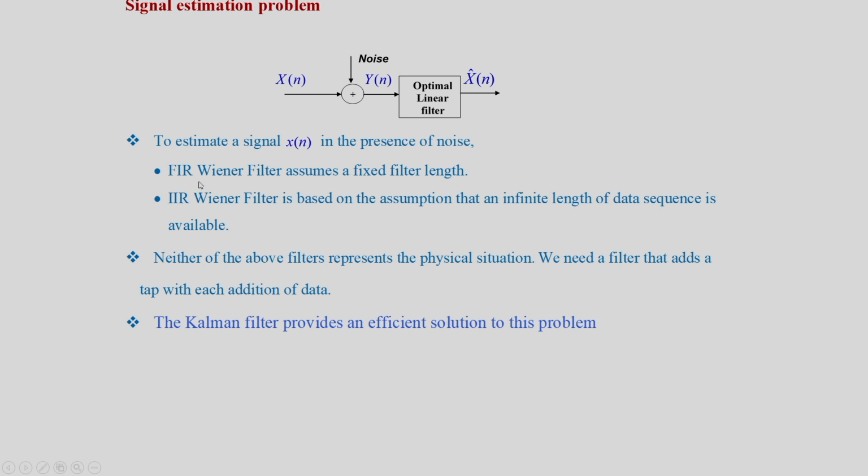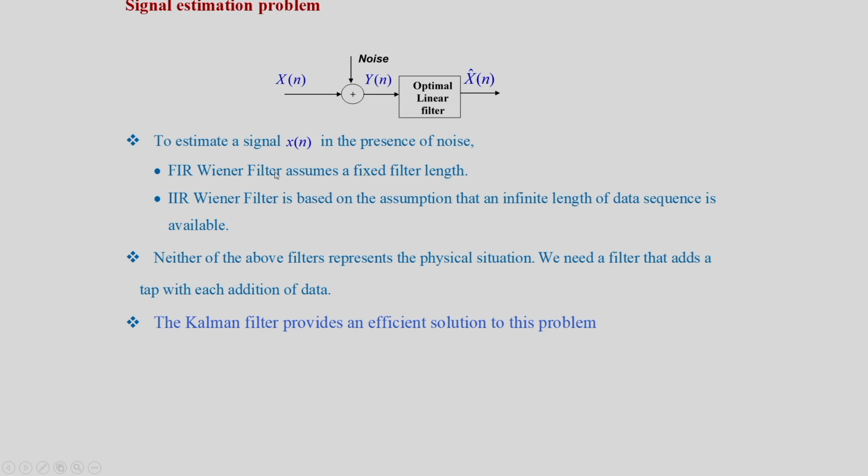Let us again see the signal estimation problem. We have this original signal xn and this is the noisy signal, and after optimum linear filtering we will get the estimate of the signal. To estimate the signal xn in the presence of noise, FIR Wiener filter assumes a fixed filter length.